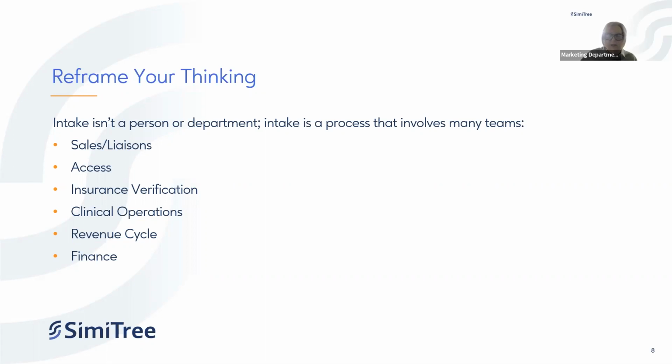Business development representatives or sales representatives and clinical liaisons have to have a good relationship with those in the access department so that they can support one another in whatever is needed to get that patient through to the actual admission process.